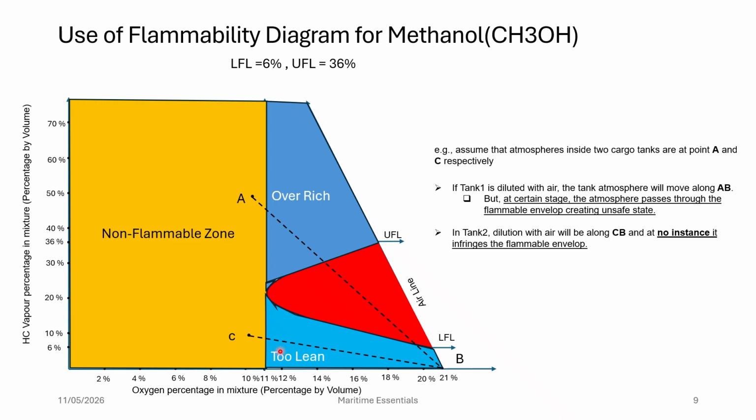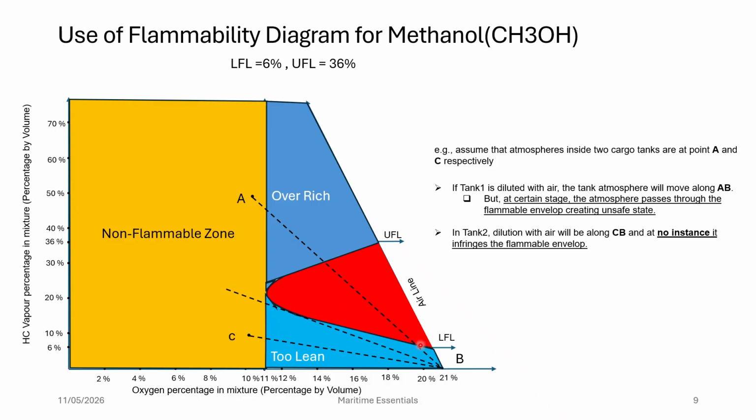So for tank 2, the tank atmosphere never passes through the flammable envelope. If we do aeration or air dilution, there is no chance of fire, because it doesn't go within the flammable envelope.